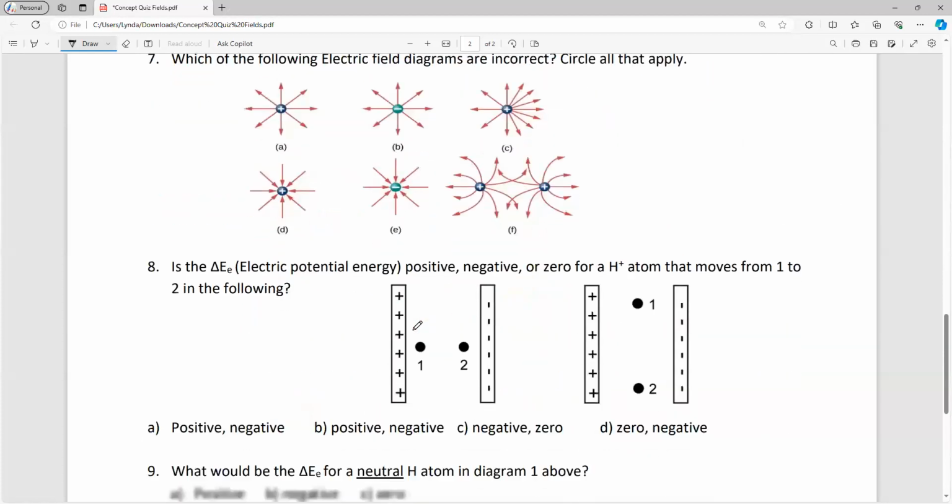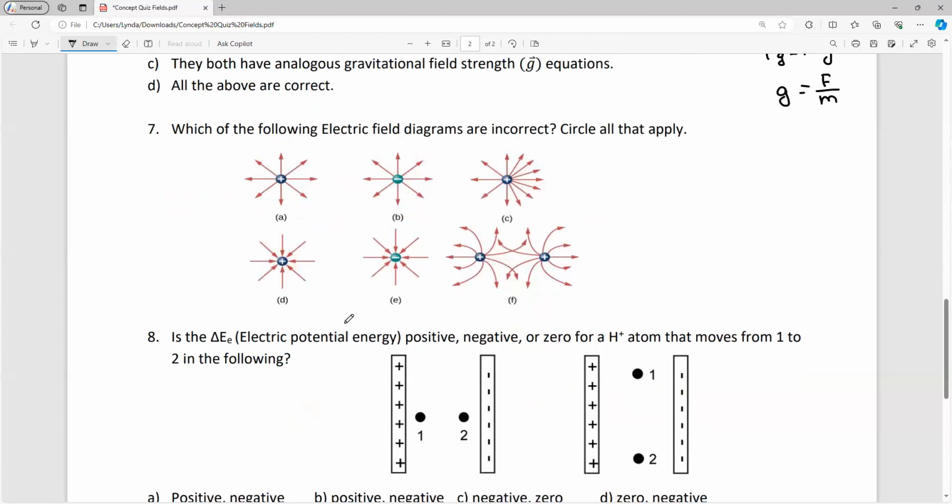Okay, number 7. Which of the following electric field diagrams are incorrect? Okay, so you need to think direction. So out of positive towards negative. Okay, which one is correct? Which one is not? So are we supposed to do like the positives or the negatives?